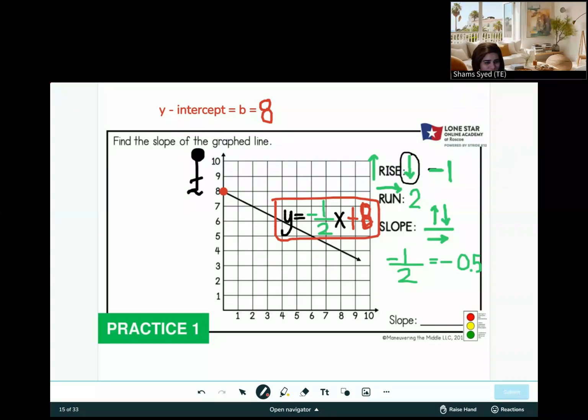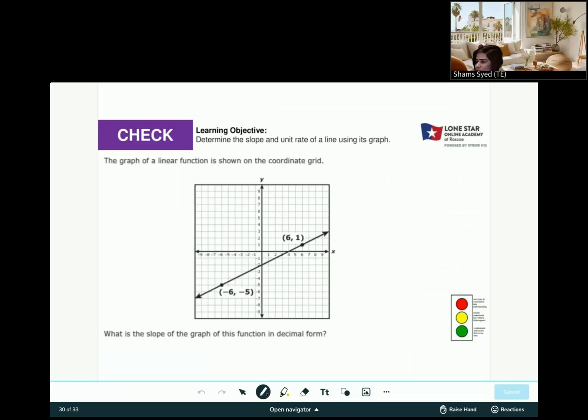Show me your mastery. A lot of you wonder, Miss Syed, you taught us and it makes sense, but how will we be tested? This is how you will be tested. I will test you over slope from graphs. This is a graph.